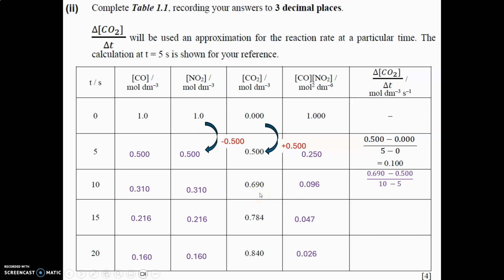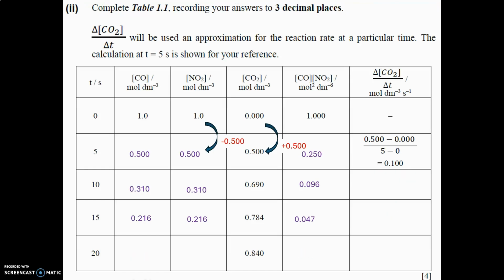Comparing that to 5 seconds, my change is 0.190, and the time that has passed is 5 seconds. So I'll press the calculator and you'll get 0.038, and the same for 15 and 20 seconds.